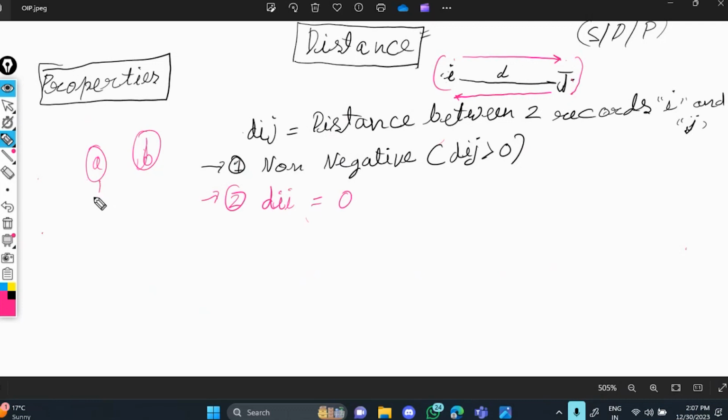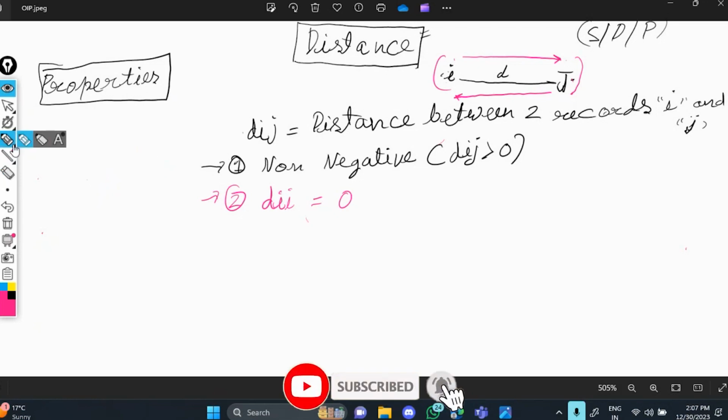That means A does not have any distance. It is 0, because it is a single record, a single point. How can we calculate a distance within a single record? That's why we are saying dii equals 0. Okay.